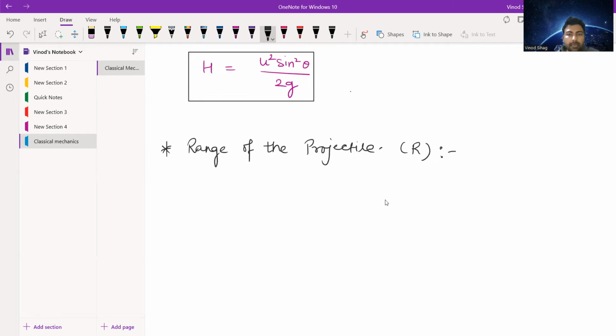If you want to see how the range looks, it will be the horizontal distance that we are going to see. This horizontal distance traveled by the projectile is named the range of the projectile, along the x-axis.